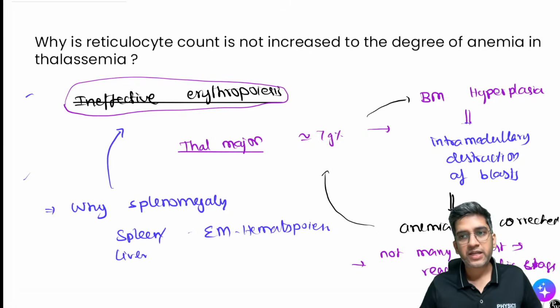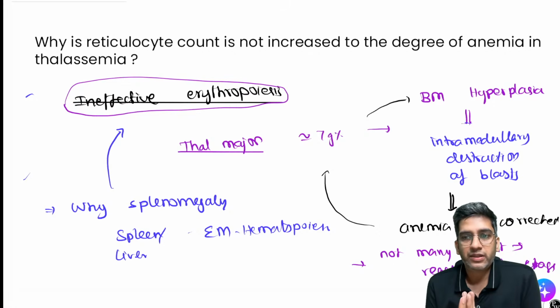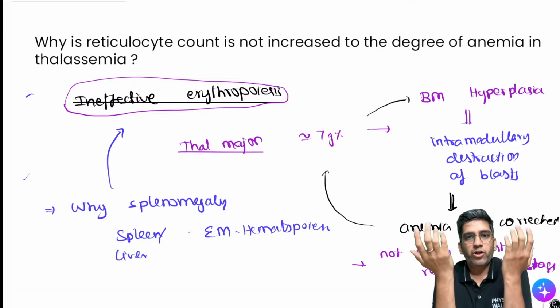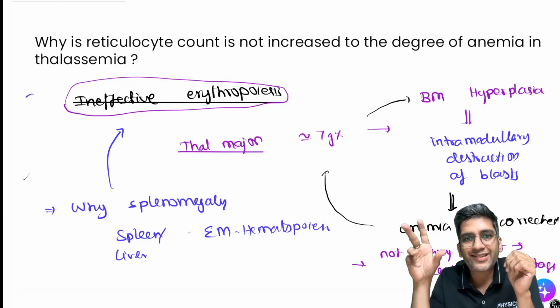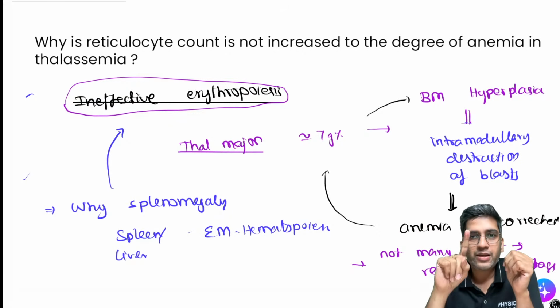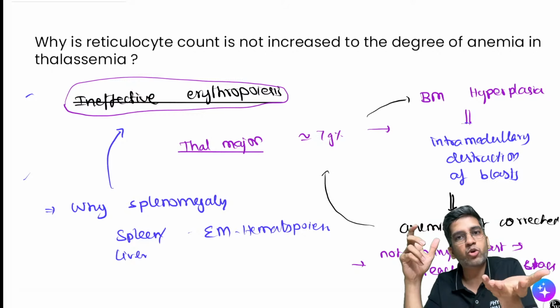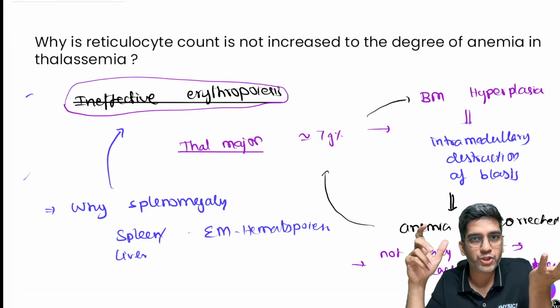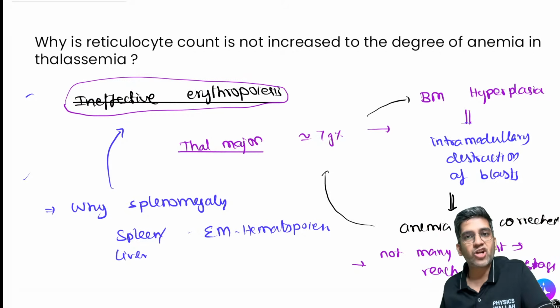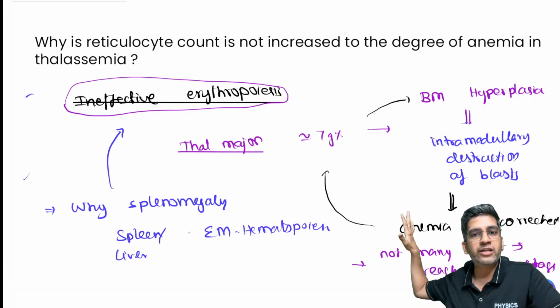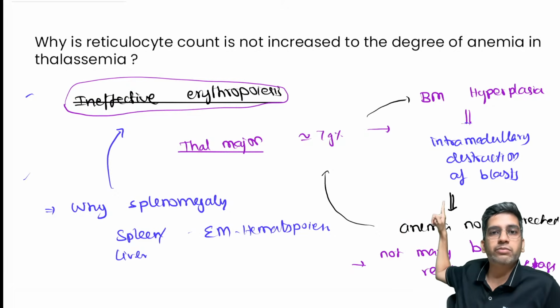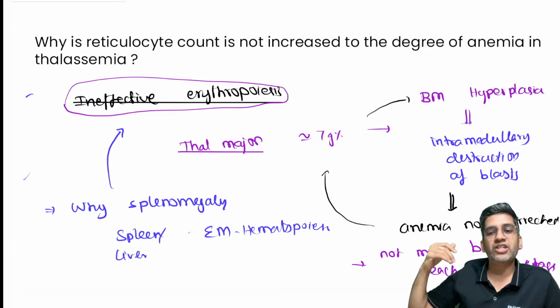Okay, the answer is simple. It's there in your question, right? See, in case of a beta thalassemia trait, one, the destruction is not that great, to start with. That's why the hemoglobin is in the level of 10 to 12 gram percentage. So my intramedullary blast destruction will not be that much. So it's not much of a problem.